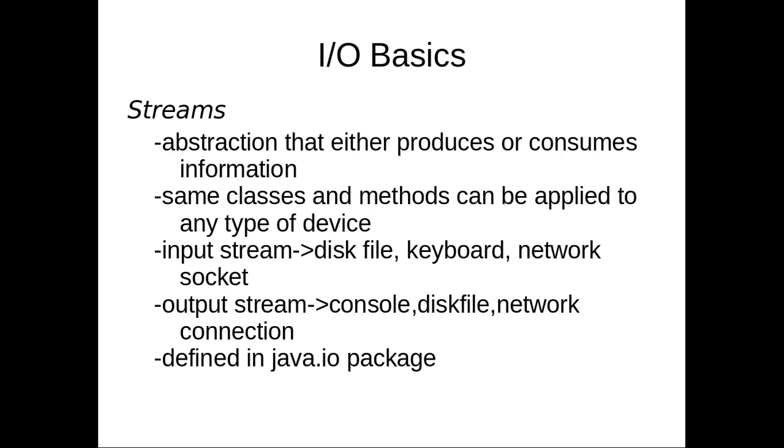So for that there are some classes which can be used. Here there are two types of streams: character streams and byte streams. As you know, a byte stream means a stream of bytes. Byte means 8 bits, and character streams are usually 16 bits.